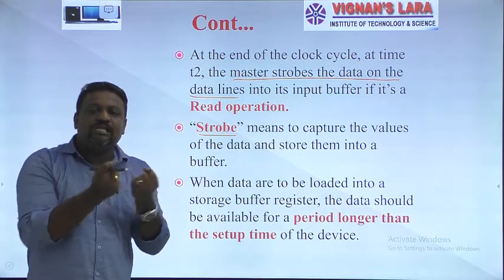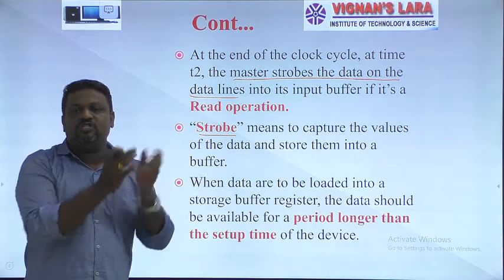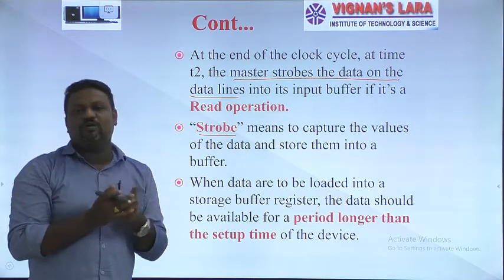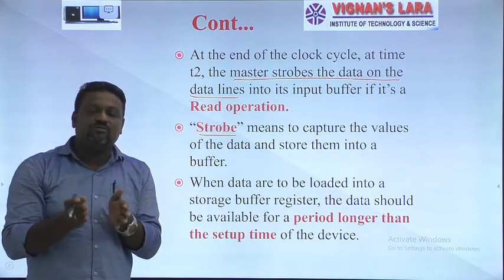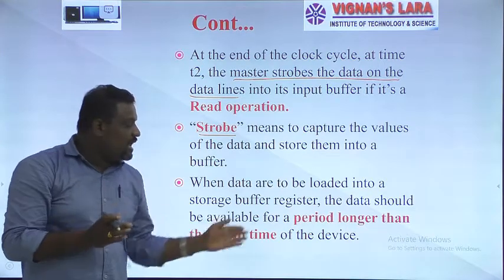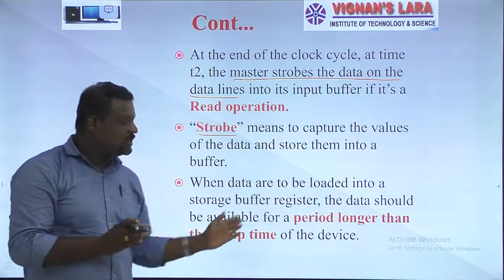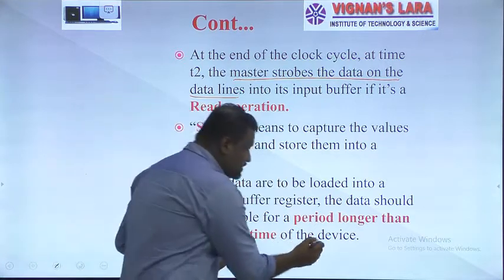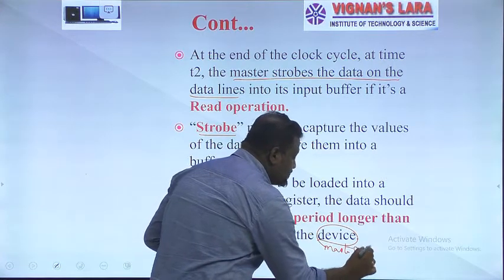Once the master receives the data from the data lines, which was sent by a slave, the received data is copied onto the internal buffer register. Once the data is stored in the internal buffer register, it is held for a period of time which is longer than the setup time of the device itself. Here the device is either a master or a slave.